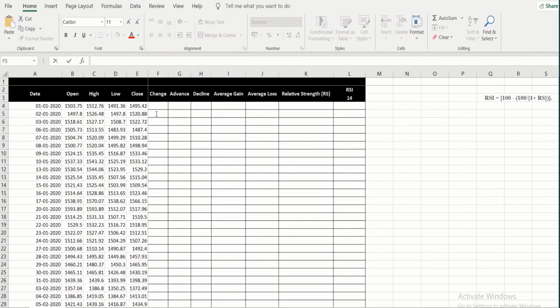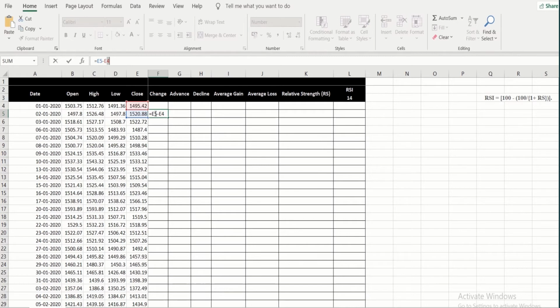For explanation purposes, we will do it manually. Now see here, we will take the open, high, low and closing prices of Reliance Industries. The closing price is mentioned in column E. Next, we need to compute the changes in closing price. To compare the closing price of the current day with the previous day's closing price, please note them down.